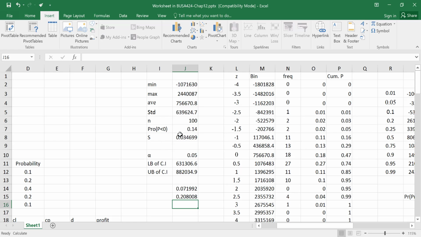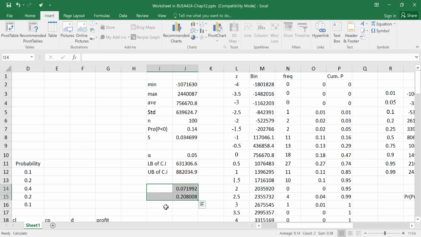Because every time that we change the trial or the simulation is run one more time, we get new values, but this alpha is 0.05 and the confidence level that we have is 95%. This value shows the upper bound and the lower bound, or confidence interval, for the mean of the portfolio.